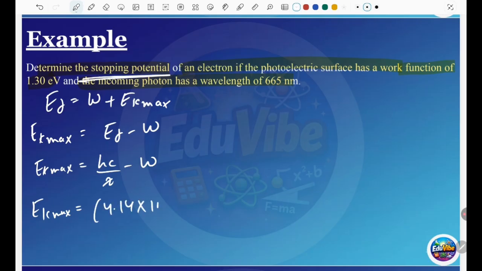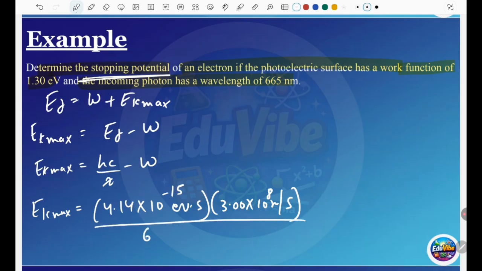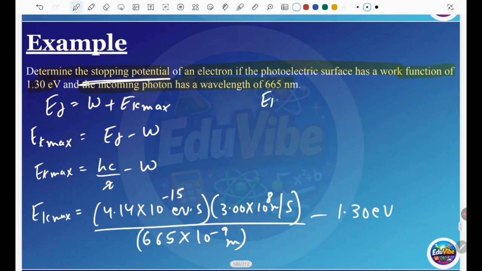So 4.14 into 10 raised to minus 15 eV s, times 3.0 into 10 raised to 8 meters per second, divided by the wavelength of 665 into 10 raised to minus 9 meters, minus 1.30 eV. When you calculate this, you get about 0.5676 eV.